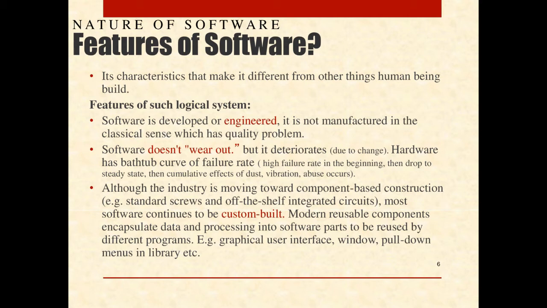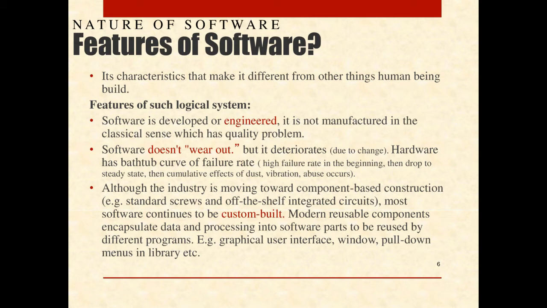Software does not wear out, but it deteriorates due to changes. Hardware has a bathtub curve of failure rate: high failure rate in the beginning, then a drop to steady state, then the cumulative effects of dust, vibration, and abuse occur.